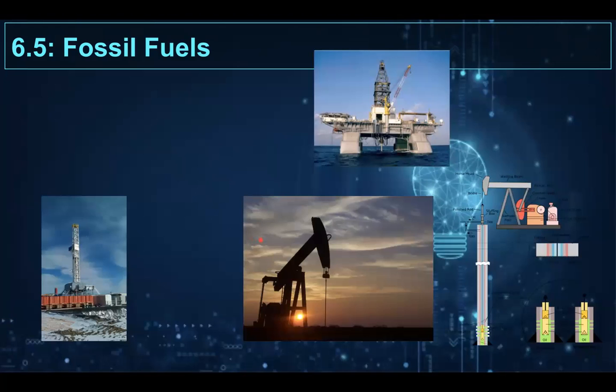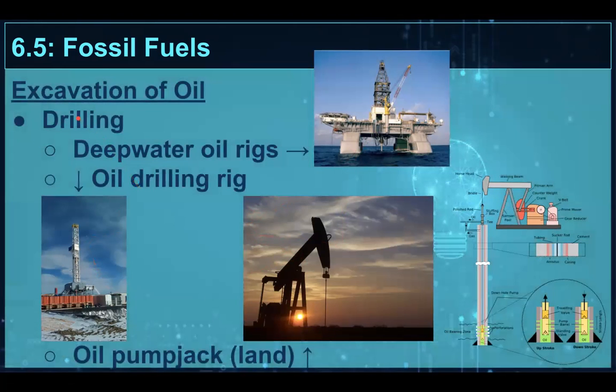All right, so here we have a few different wells. For the excavation here, we've got a deep water oil rig. This is very similar to Deepwater Horizon. Now, Deepwater Horizon was just an exploratory well, but if things would have gone well, then there would have been a full-scale oil rig built there.